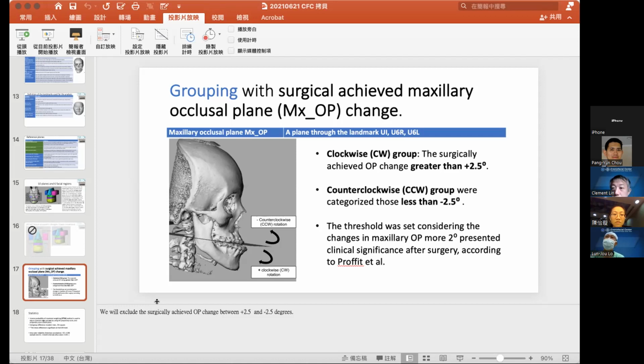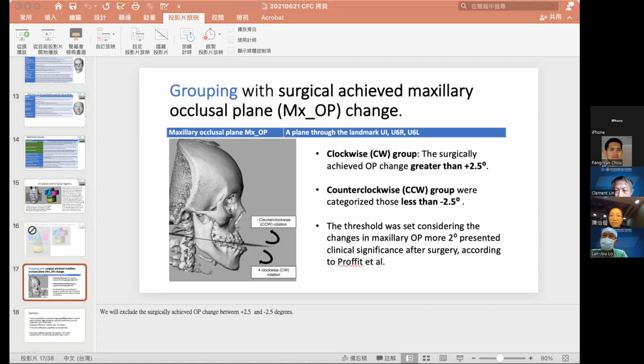For example, when we do facial bone impaction or vertical shortening, rotation, counterclockwise or clockwise, we certainly should understand, in addition to the skeletal change, what the soft tissue change will be.